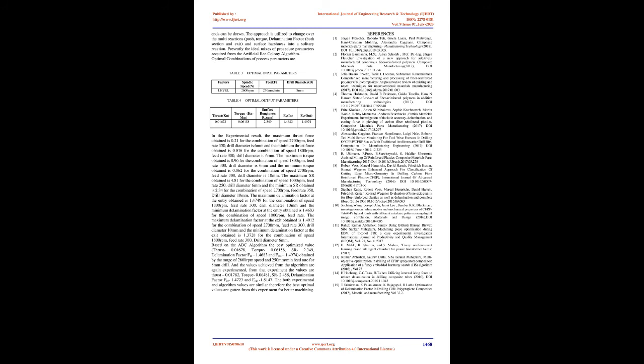Optimal combinations of process parameters are: in the experimental result, the maximum thrust force obtained is 0.21 for the combination of speed 2700 rpm, feed rate 350, drill diameter 6 mm, and the minimum thrust force obtained is 0.016 for the combination of speed 1800 rpm, feed rate 300, drill diameter 6 mm.